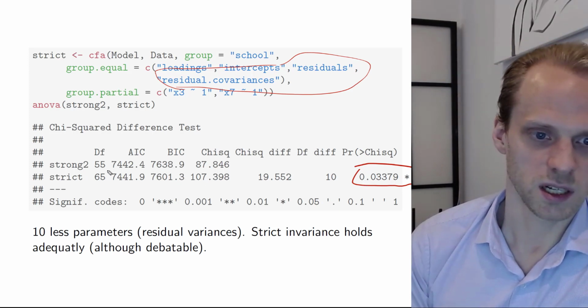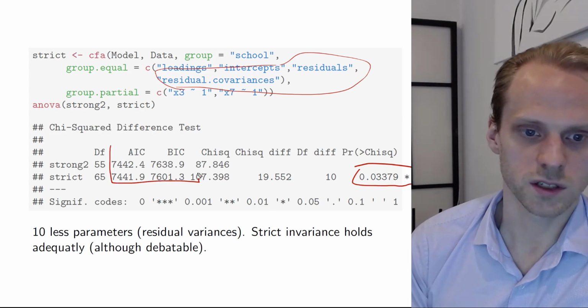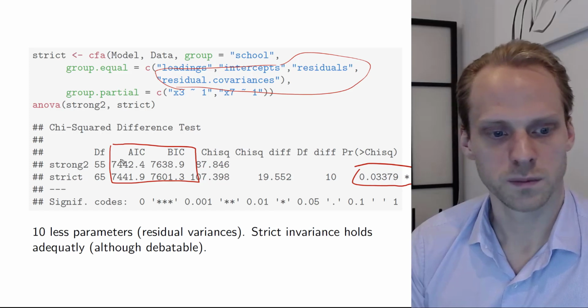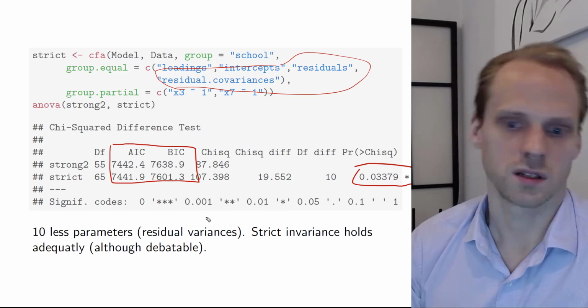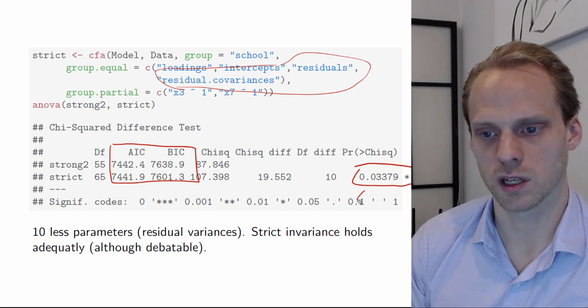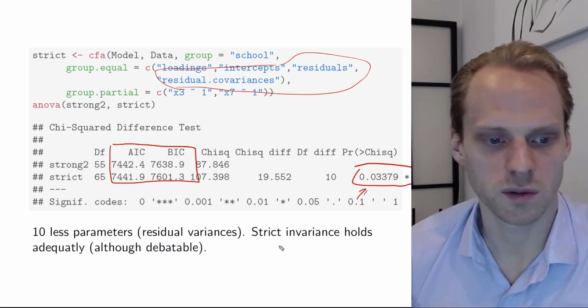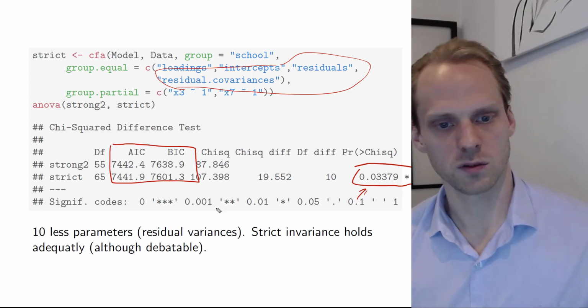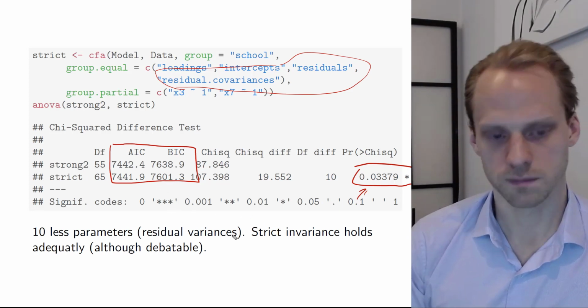But the BIC and the AIC are actually better for the strict invariance model. So it's debatable. You can say, okay, this seems alright, but there's something here. We might want to look at partial strict invariance, perhaps. But this would also be a model that we can work with.